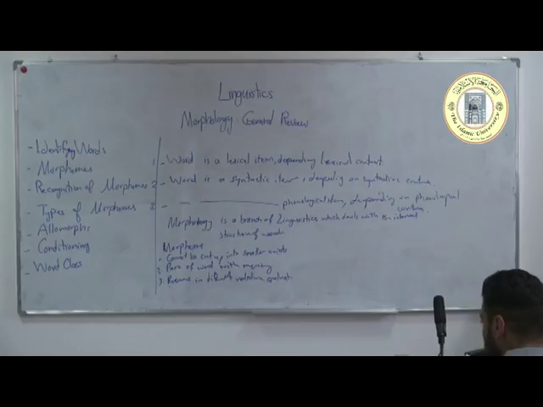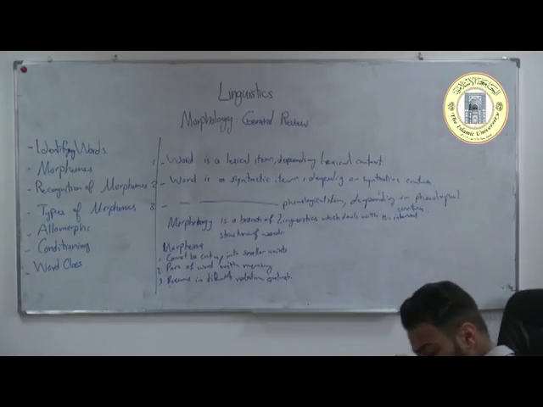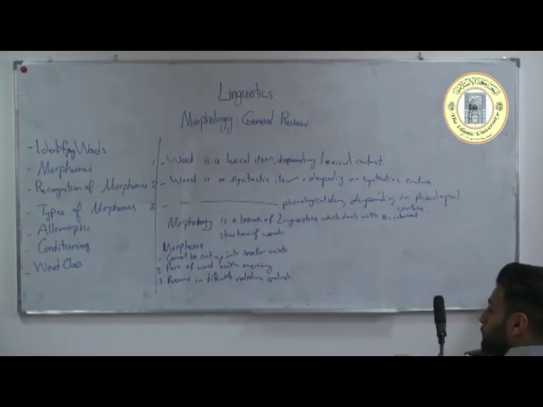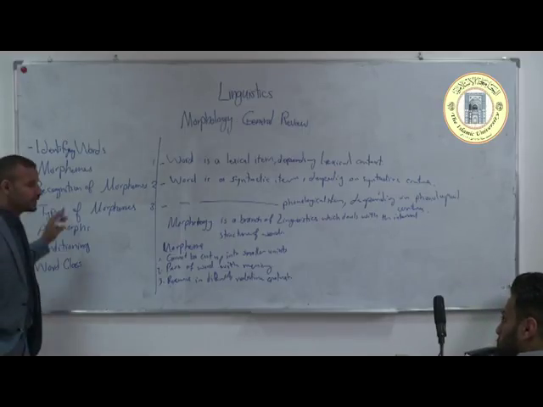Morphemes vary in size. So a morpheme is the smallest meaningful, significant unit in a given language. How can we recognize a morpheme?